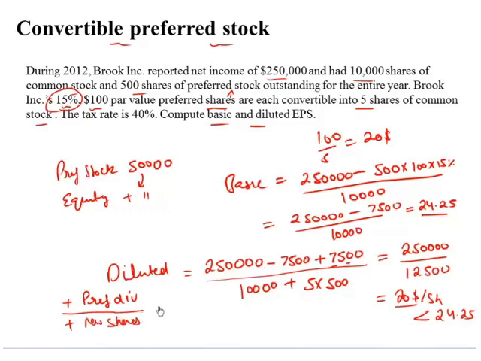So if this ratio is less than the basic EPS, then the convertible preferred stock is dilutive, and the diluted EPS will be lesser than the basic EPS. Else, the convertible preferred stock is anti-dilutive.